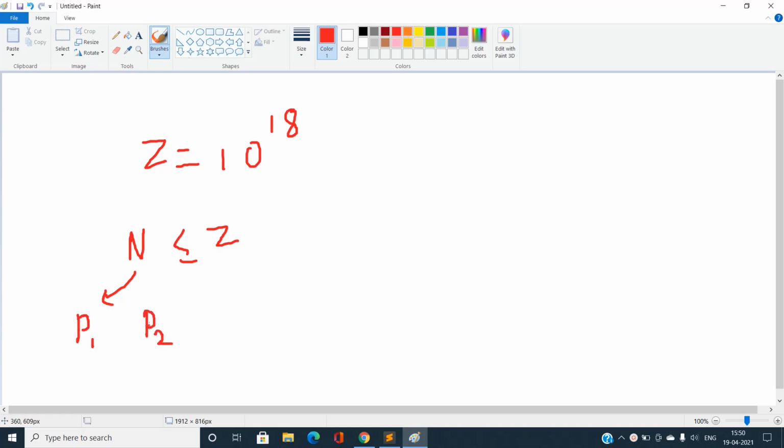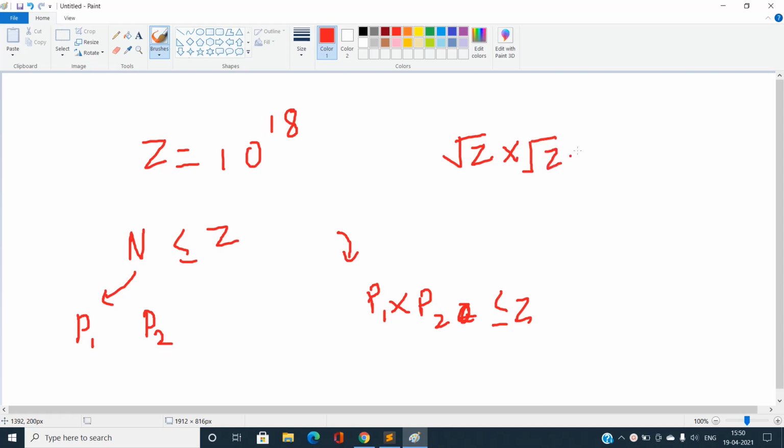For p1 into p2 to be less than or equal to z, p1 can go up to root of n, and p2 can also go up to root of n. Actually, I should write root of z rather than root of n. If we multiply two numbers like root z into root z, it will always come out to be z.